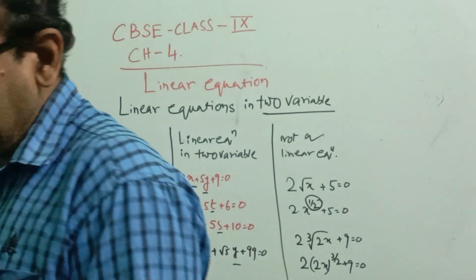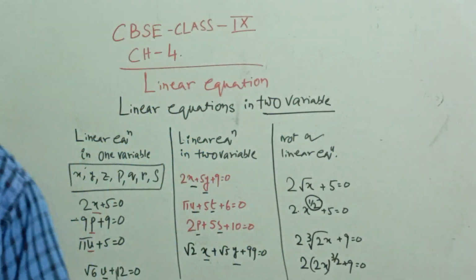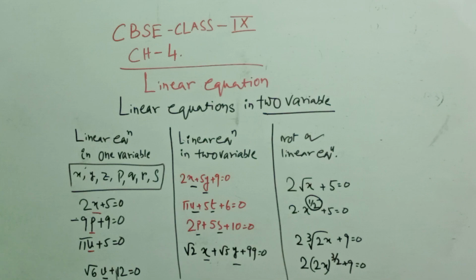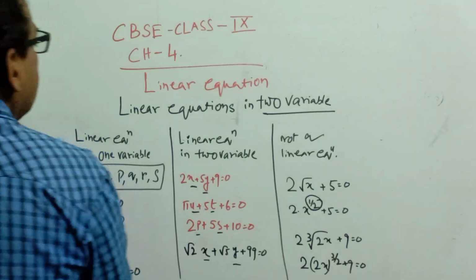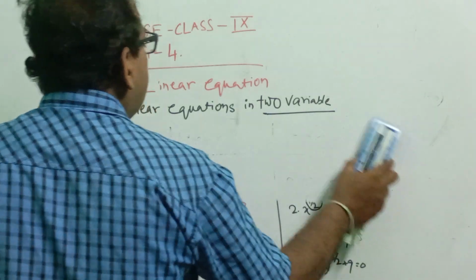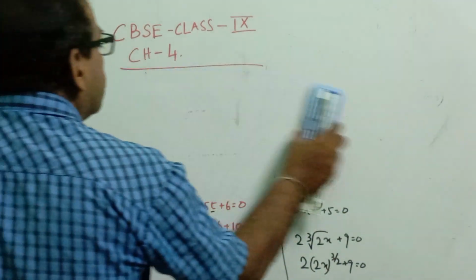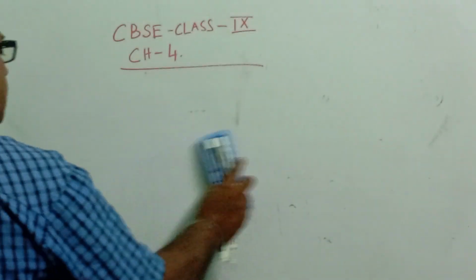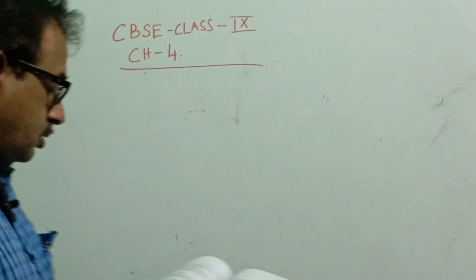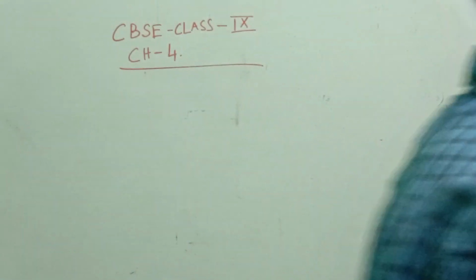Now for the chapter, if we start the chapter, this chapter is about linear equation in two variables. Am I clear? Linear equation in two variables.